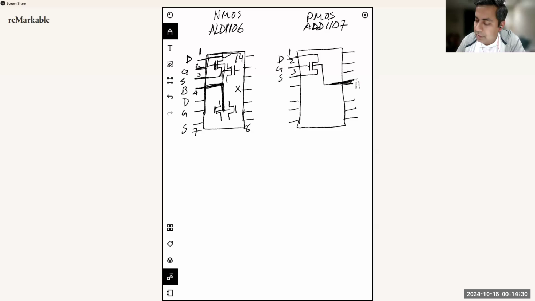So this is pin number 11, which has the body connection. And there are 3 other PMOSs over here. They also have body connected to 11. Pin number 4 has nothing, just like pin number 11 for NMOS, there is no connection there. So you also see the same thing over here in the PMOS.